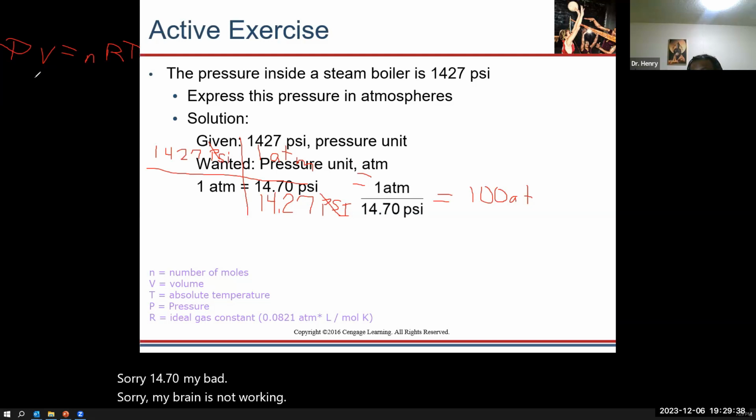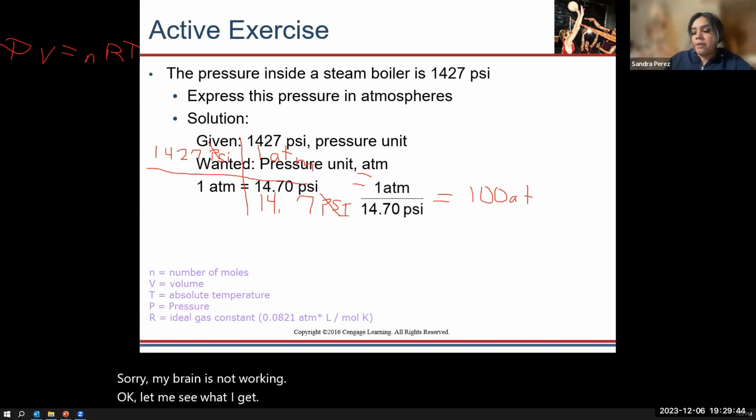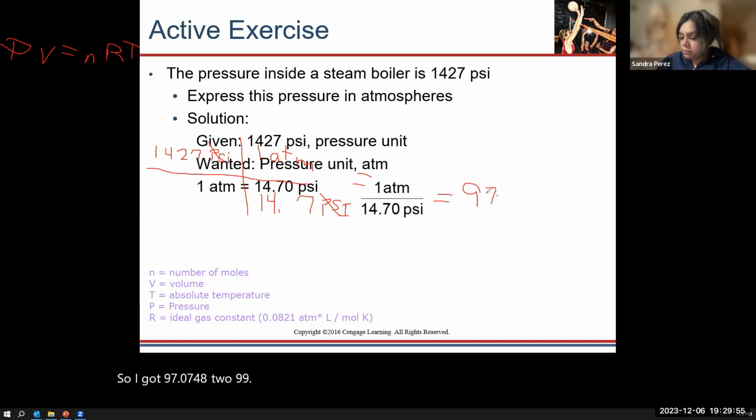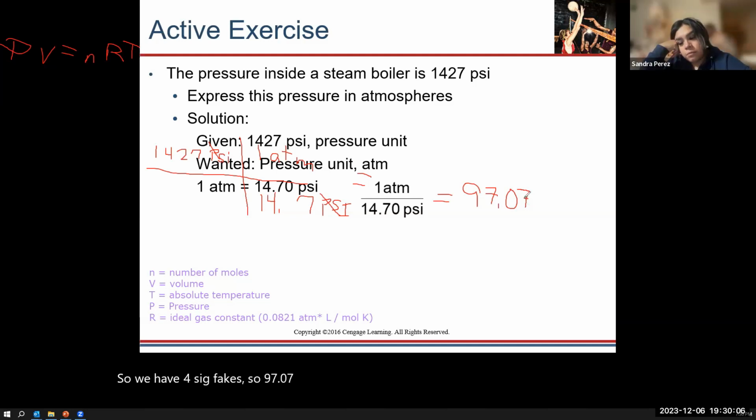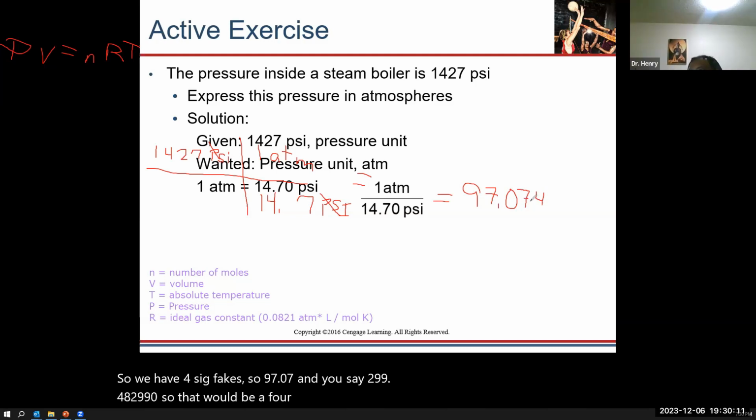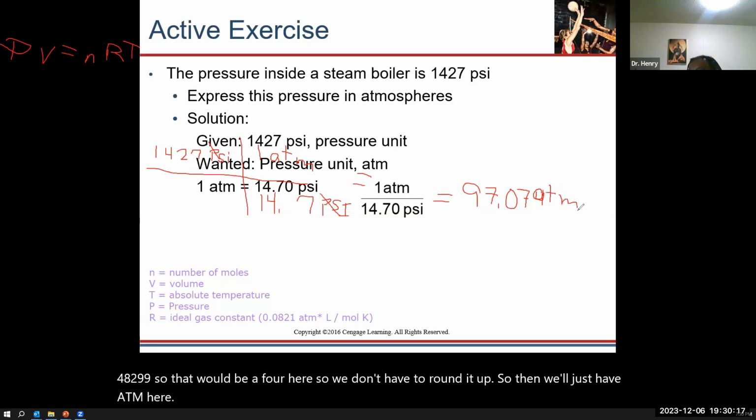Okay, let me see what I get. So I got 97.0748299. So we had 4 sig figs, so it's 97.07. And the next digit is a 4, so we don't have to round it up. So then we'll just have atm here. So 4 sig figs.